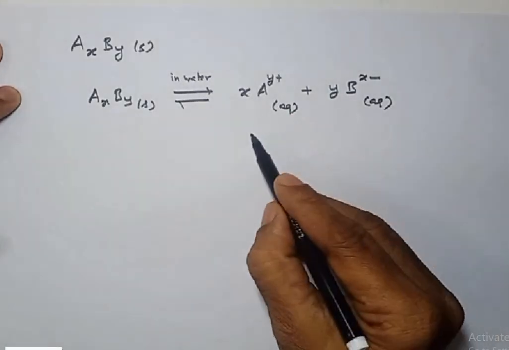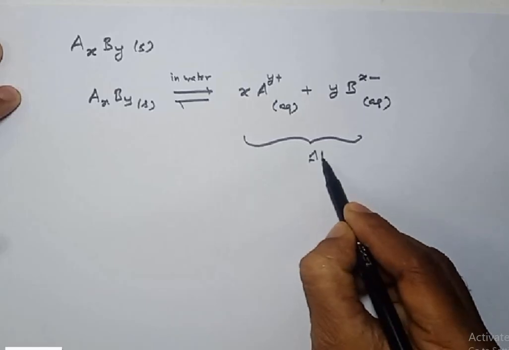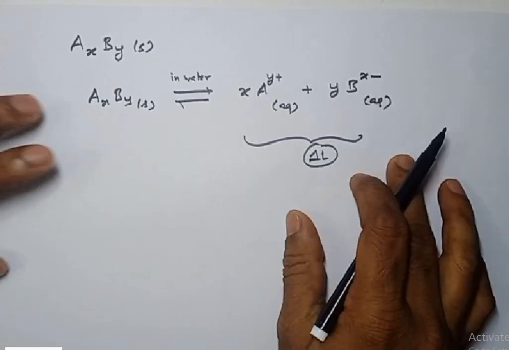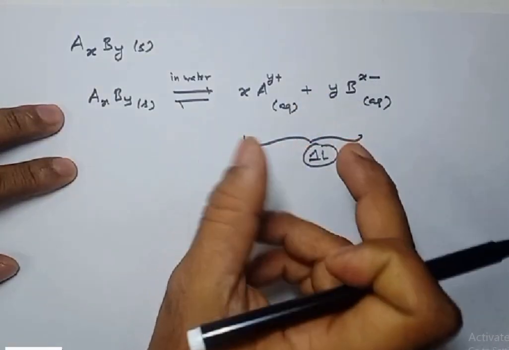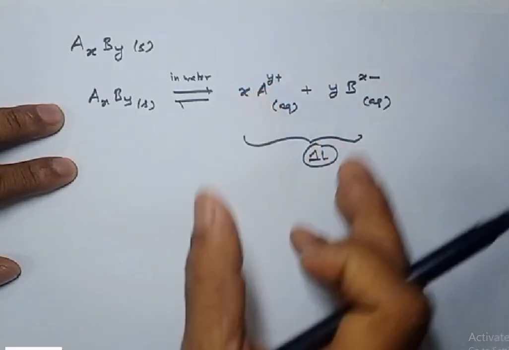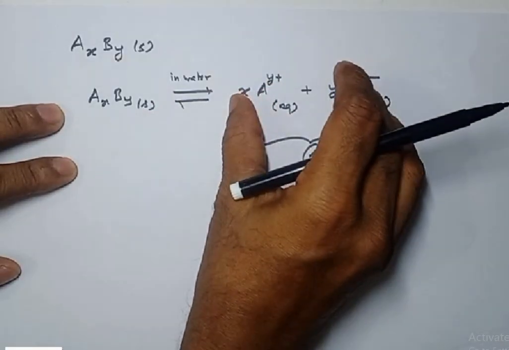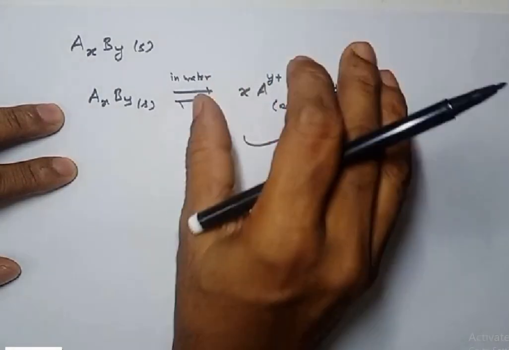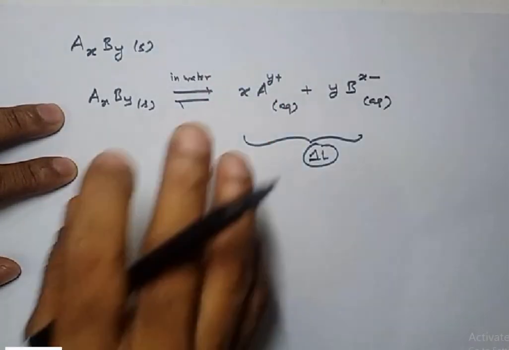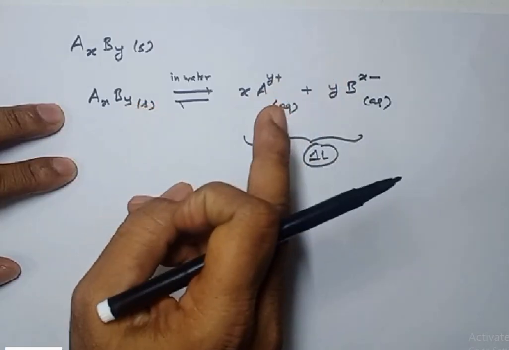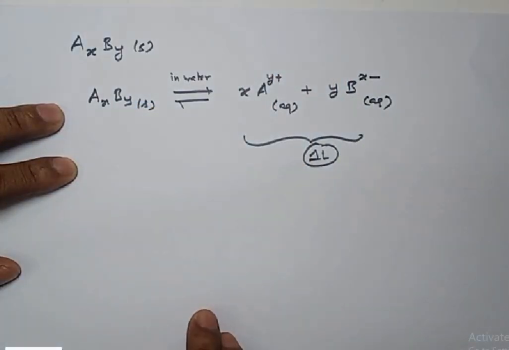Suppose the solution volume is 1 liter, solution volume, not the solvent volume. At equilibrium, the concentration becomes saturated or constant. At equilibrium, the solution is called a saturated solution.